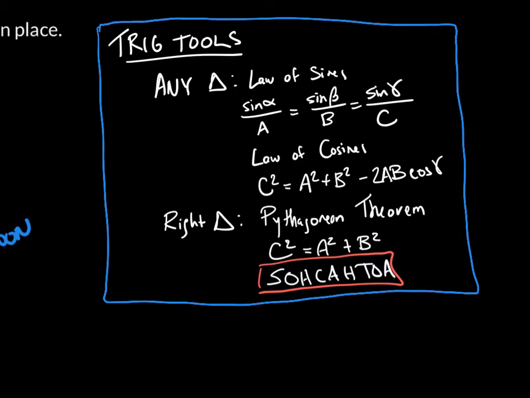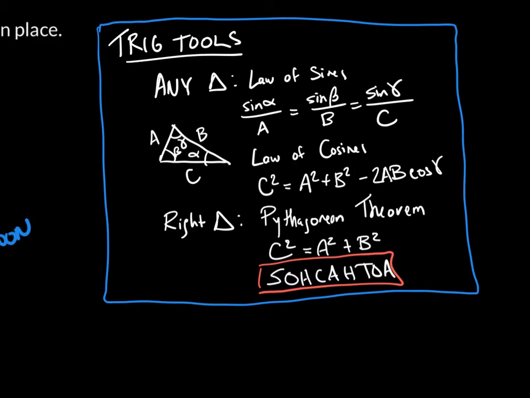There is the any triangle, which is any old triangle whatsoever. It has sides A, across from which is angle alpha; side B, across from which is angle beta; and side C, across from which is angle gamma.